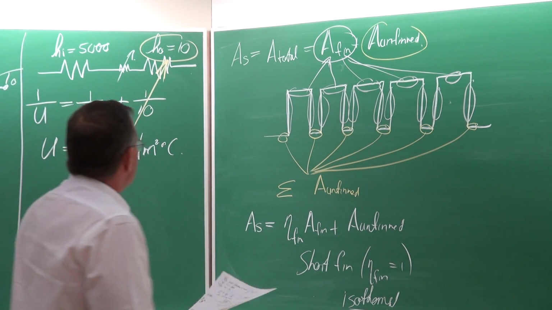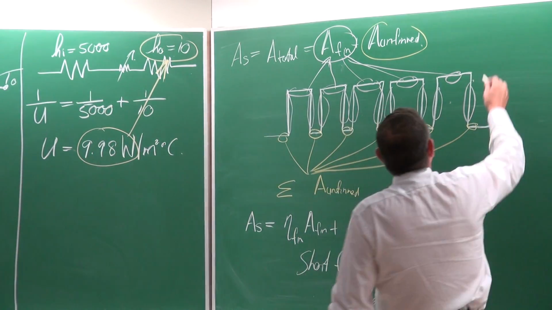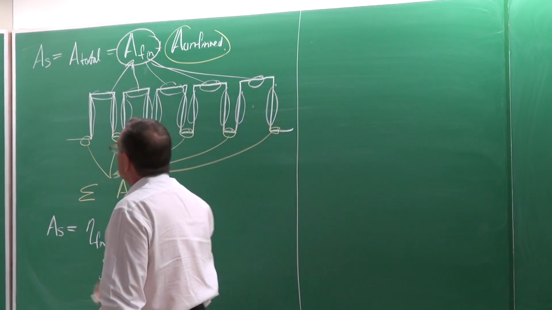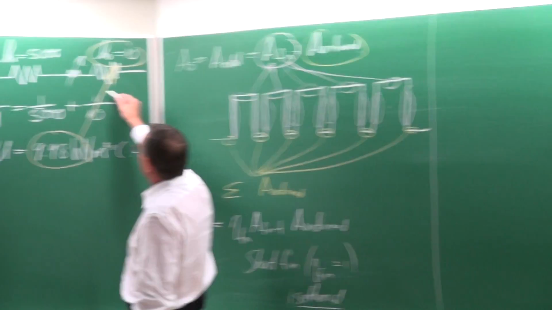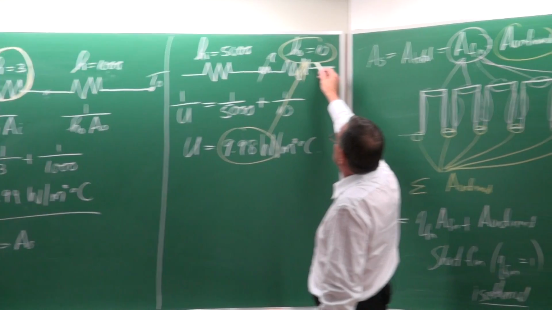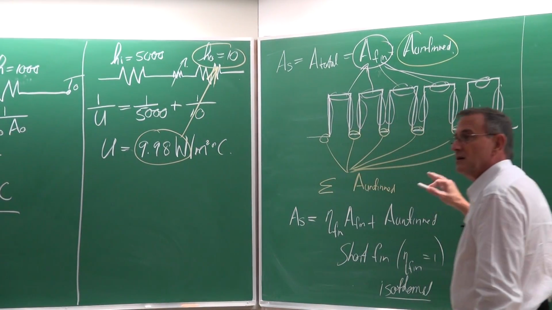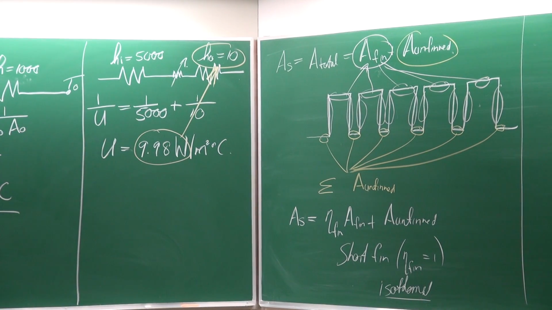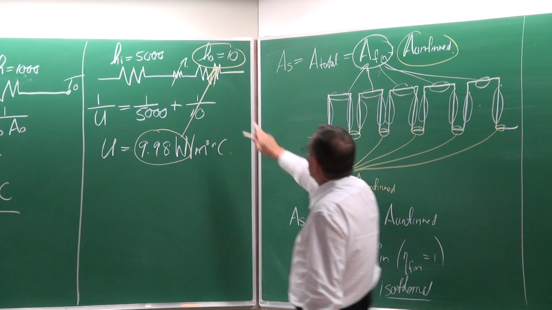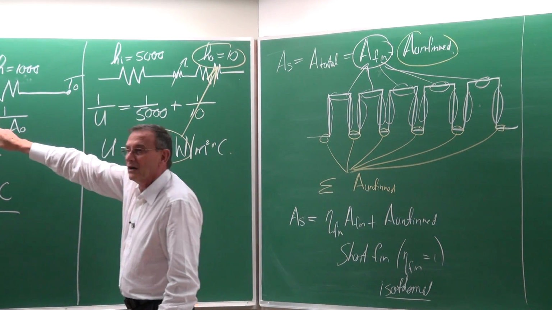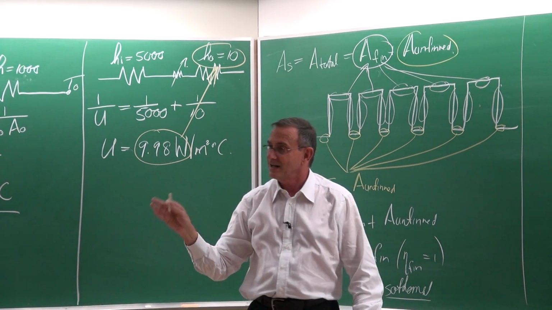Okay. So you can enhance the heat transfer area a lot and therefore reduce this resistance a lot by adding fins. So typically, you go and add the fins on the side with the lowest heat transfer coefficient. Otherwise you just waste your money. It doesn't help anything.